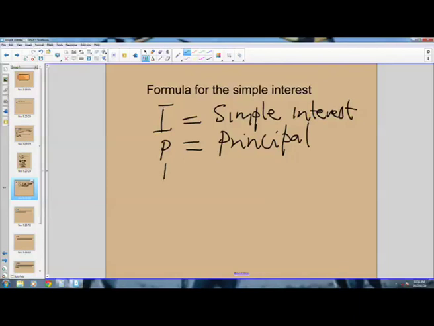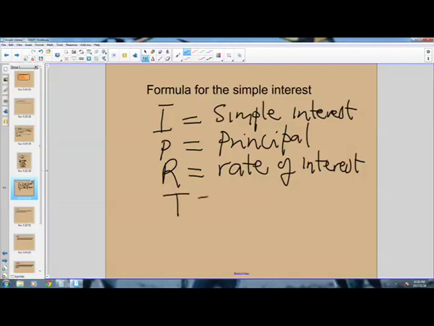And then R to be the rate of interest. The rate of interest is in percentage per annum. And then T is the time in years.